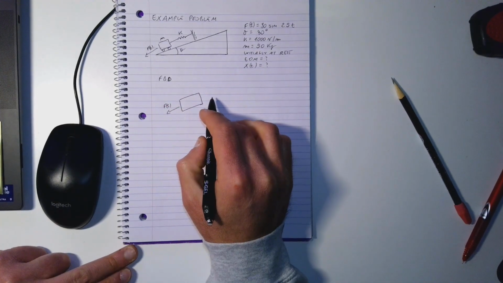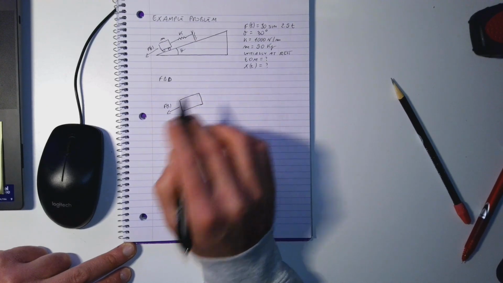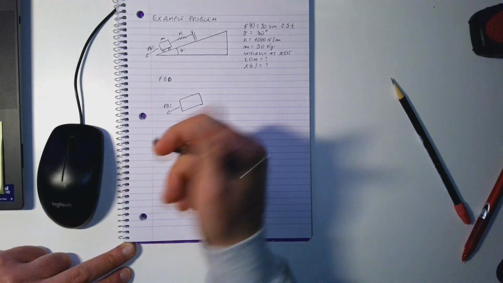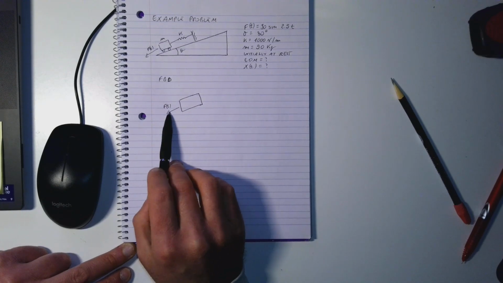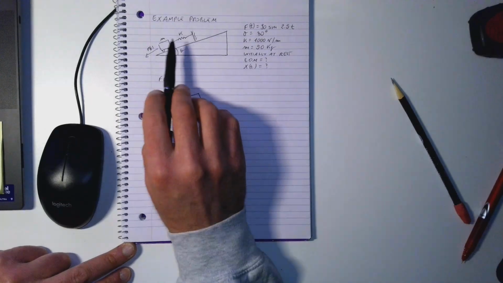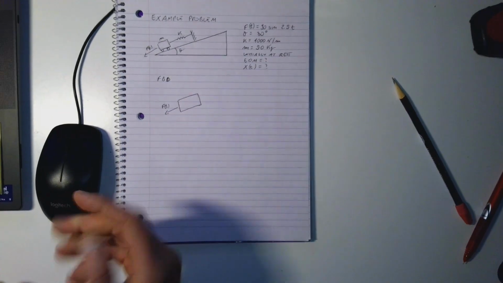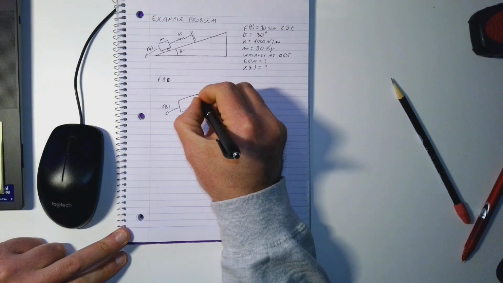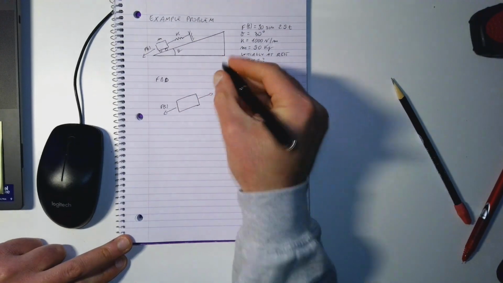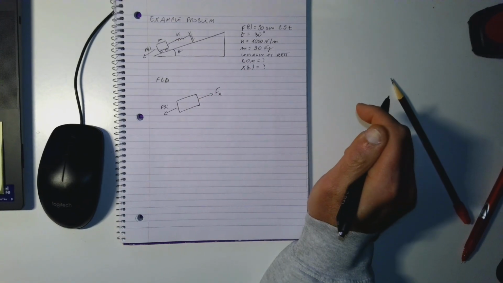Of course, we also have the spring force, which is on the other side, in the opposite direction, because if the spring is pulling the mass in this direction, it means we are stretching the spring, so the force is trying to pull the mass back. We can call this Fk. Anything else?